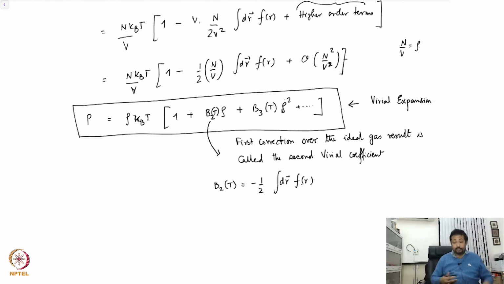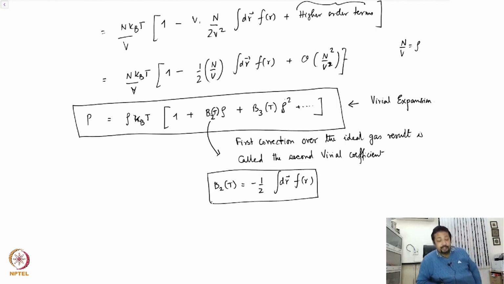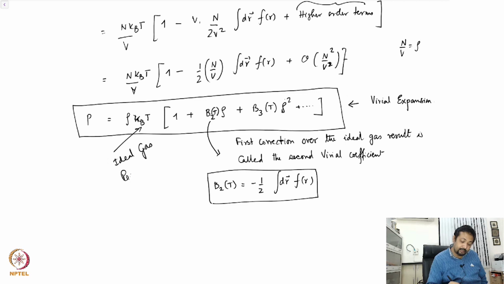Given the form of the potential, you can evaluate this coefficient. The first is always the ideal gas result.